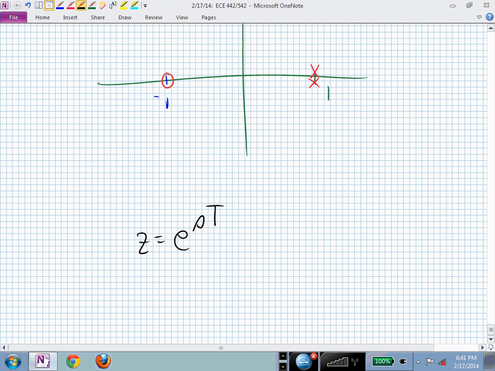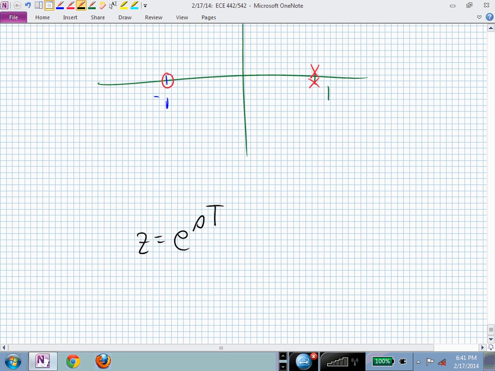If S is equal to 0, what's that correspond to in the Z-plane? E to the 0 is 1. So those poles at the origin in the S-plane map to 1 in the Z-plane, and that makes us feel pretty good. That's really the right place, because that's right on the stability boundary, isn't it? Our stability boundary is the unit circle. They're still right there on the boundary.